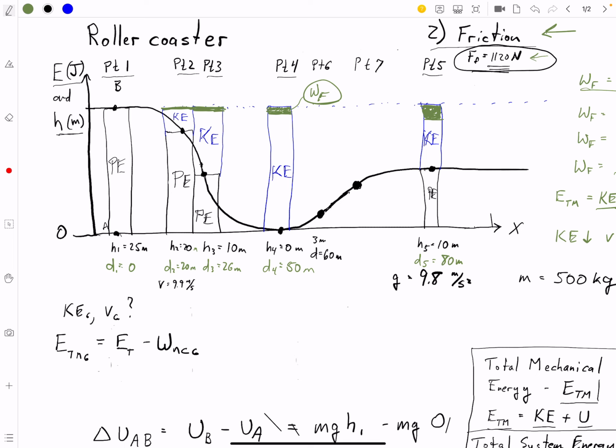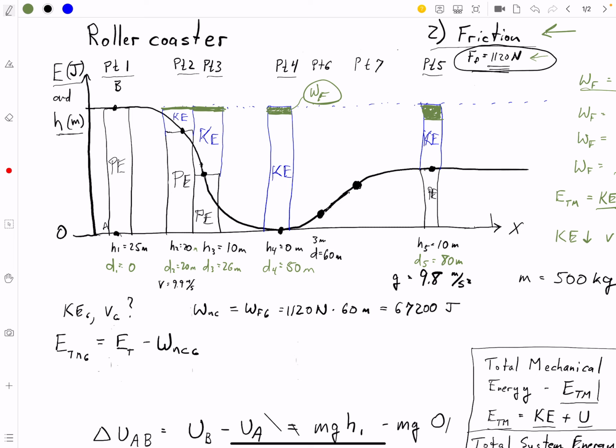Let's figure out what the work of the non-conservative force is. That's the work of friction at 6, and that's 1120 newtons times our 60 meters. And that's 67,200 joules.